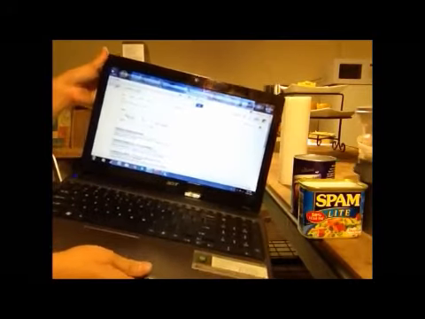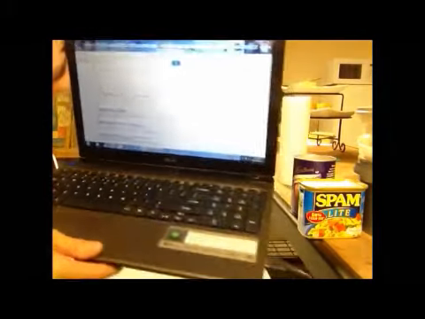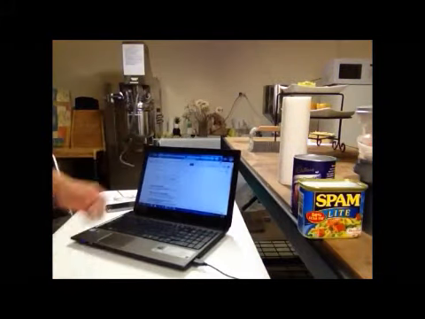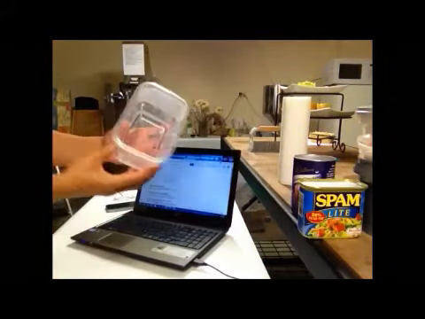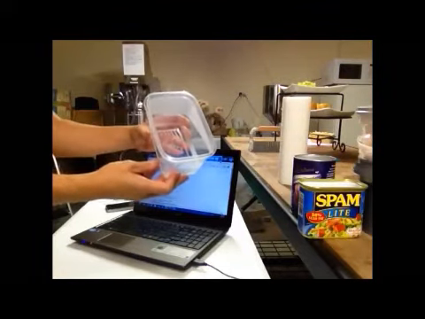I don't know if you can see this, but I'm just trying to show it to you. There's a lot of reflection. Anyway, we have 471.45 grams of oils that we require for this container.